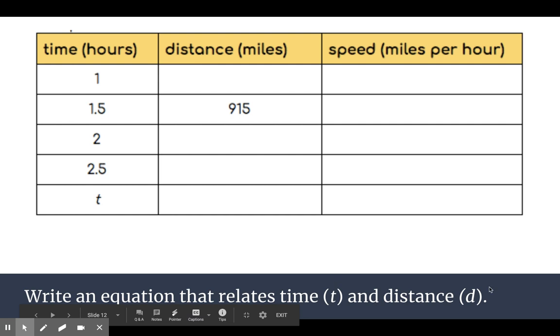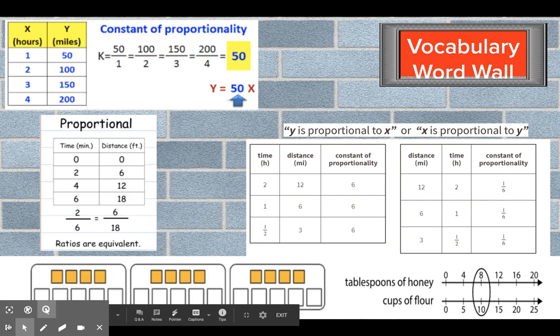Although if you use the actual variables, you could have used t equals 610d, or if you wrote it in the form y equals kx, your equation was y equals 610x. So in order to find the time, t equals, you're going to multiply 610 by the distance.